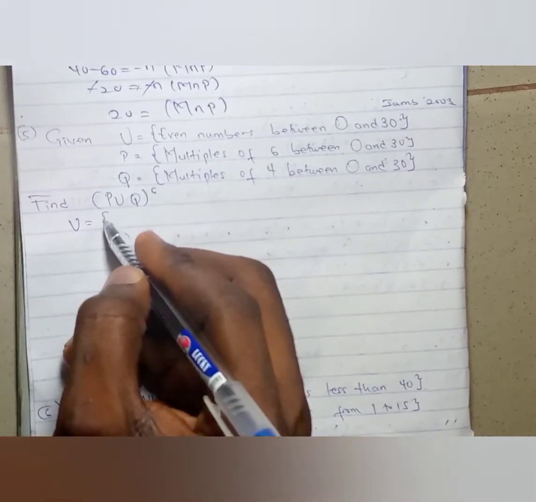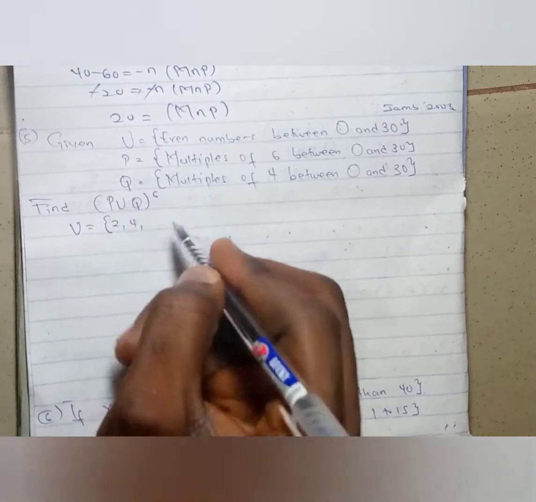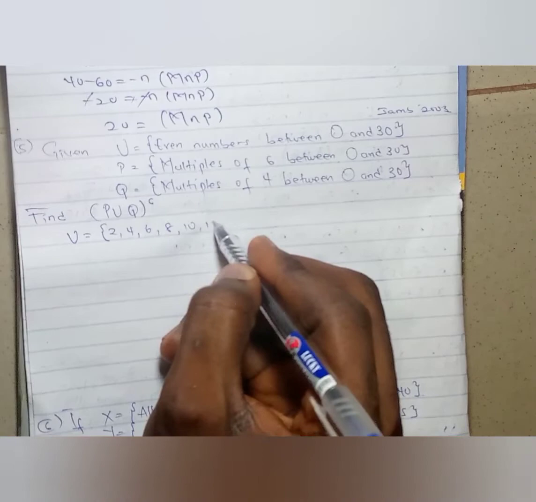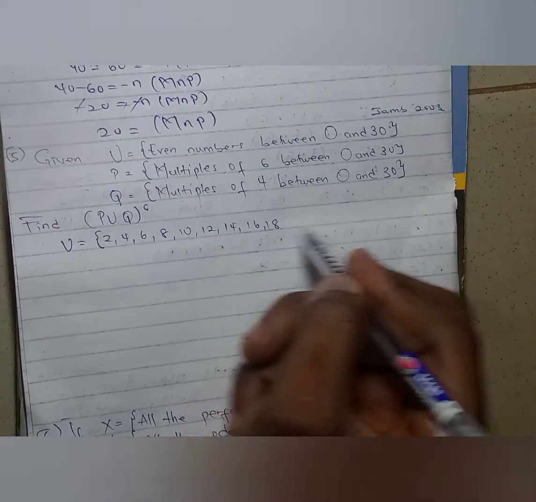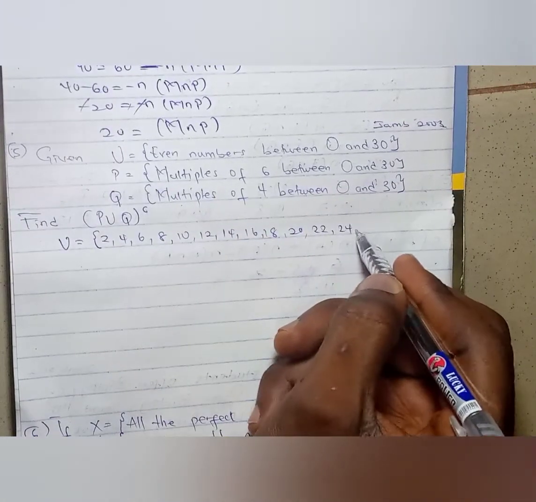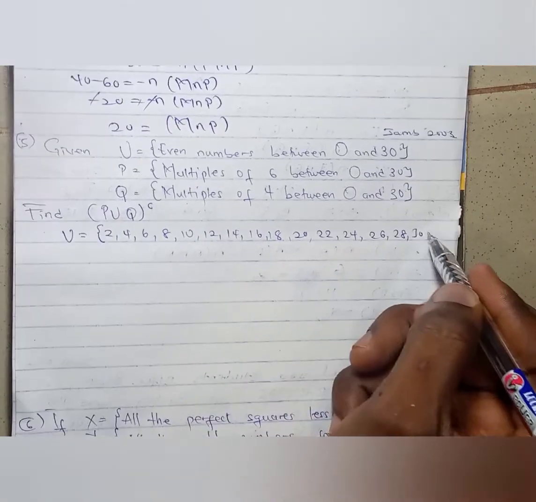The universal set, even numbers between 0 and 30: 2, 4, 6, 8, 10, 12, 14, 16, 18, 20, 22, 24, 26, 28, 30.